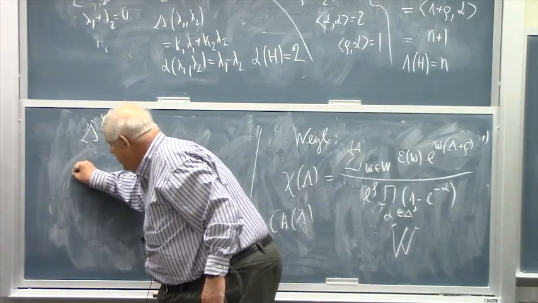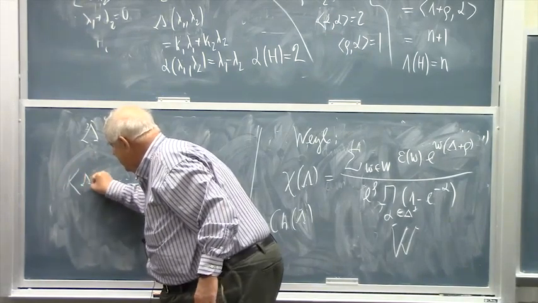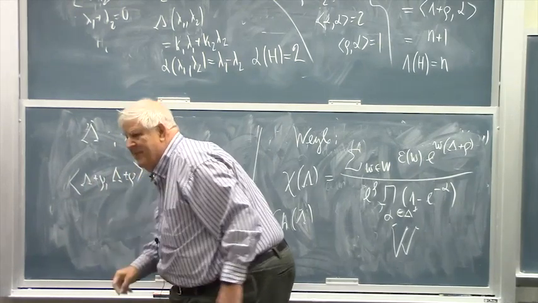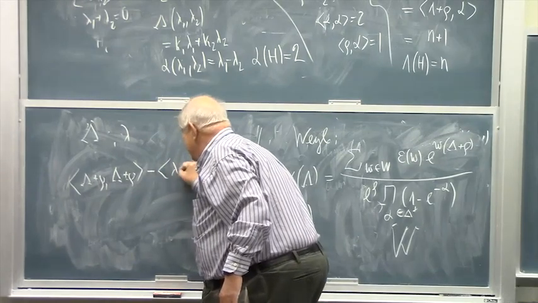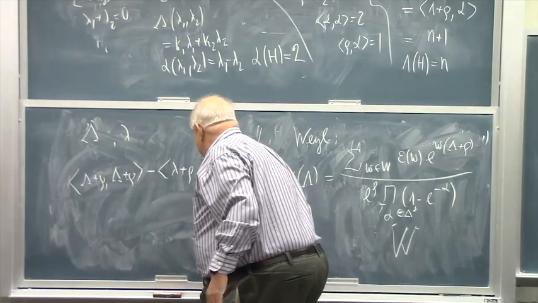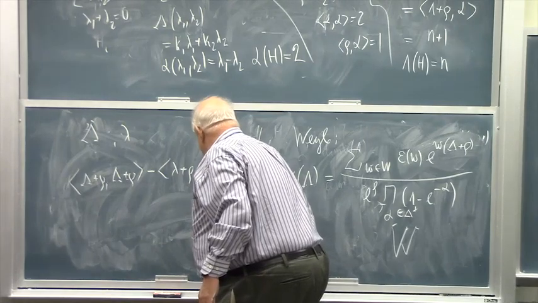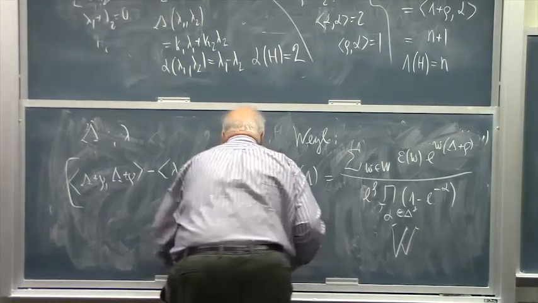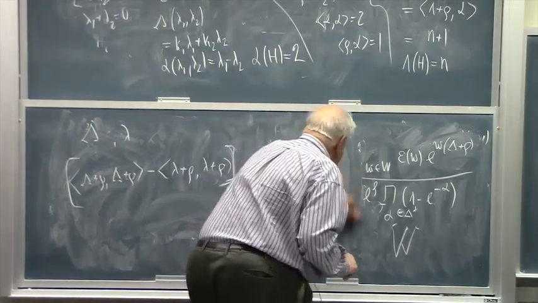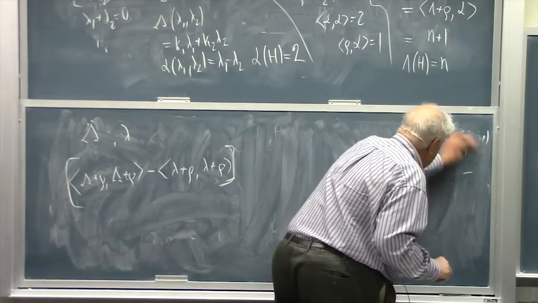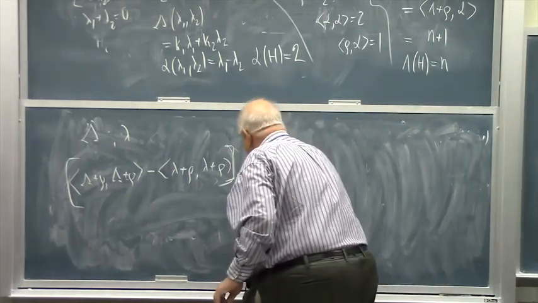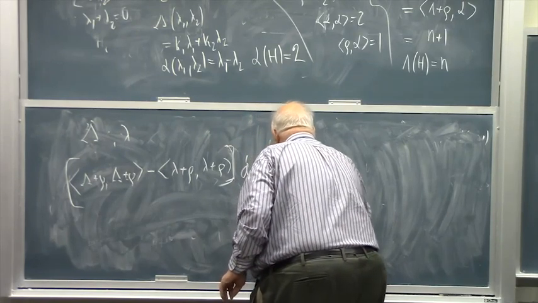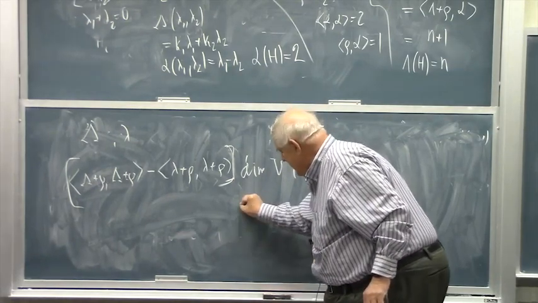If you take lambda plus rho minus lambda plus rho, and multiply it by the dimension of V lambda of lambda, then we get the following sum.